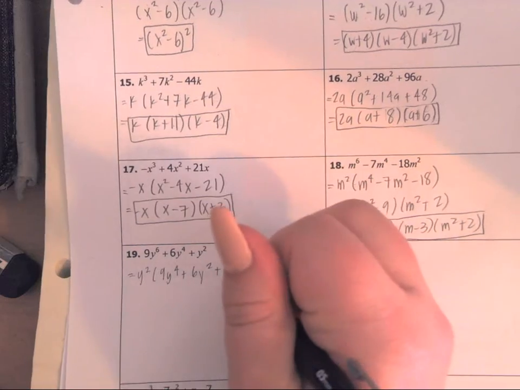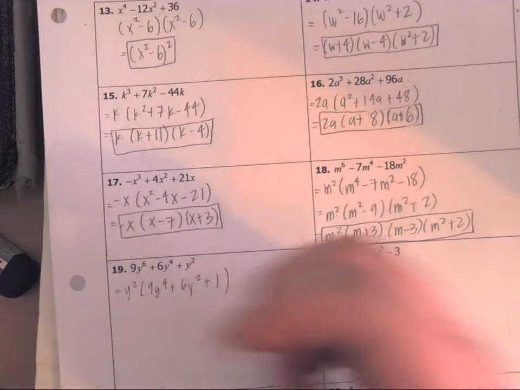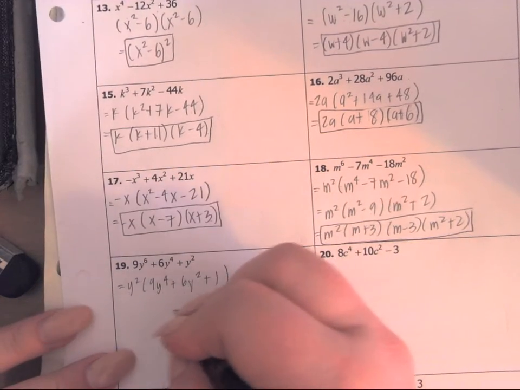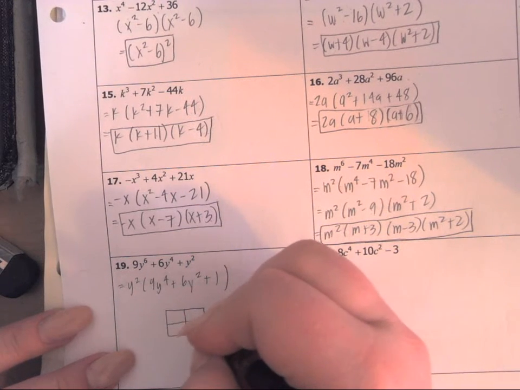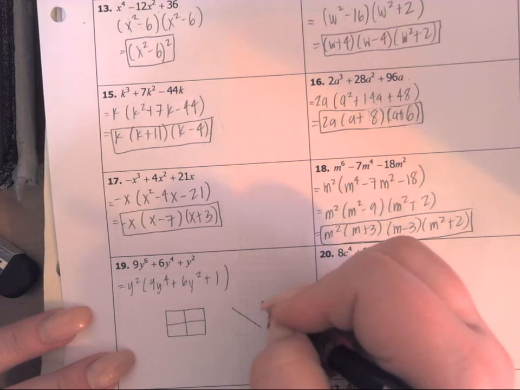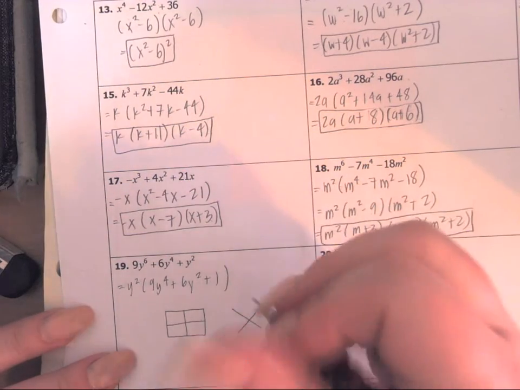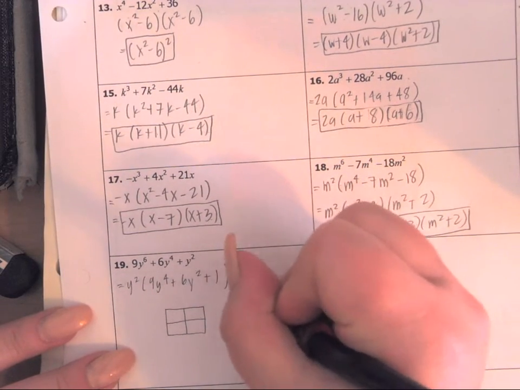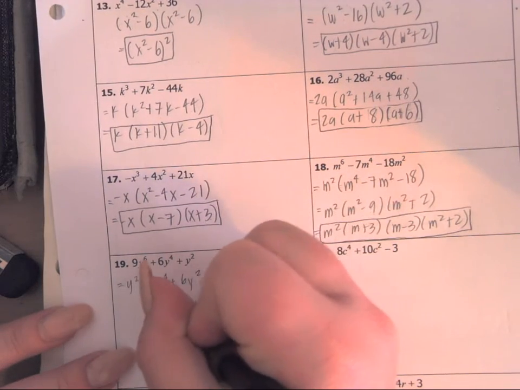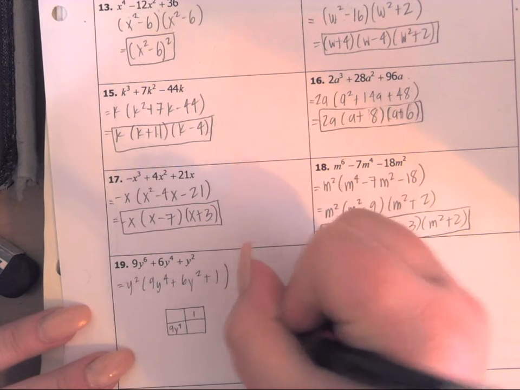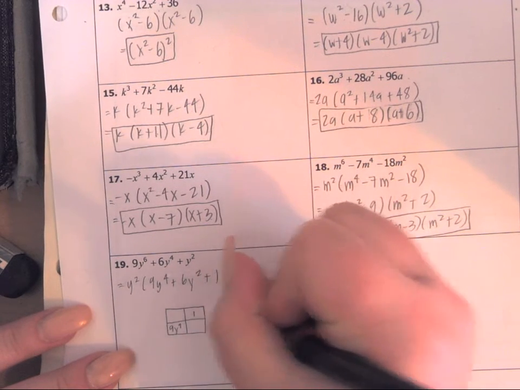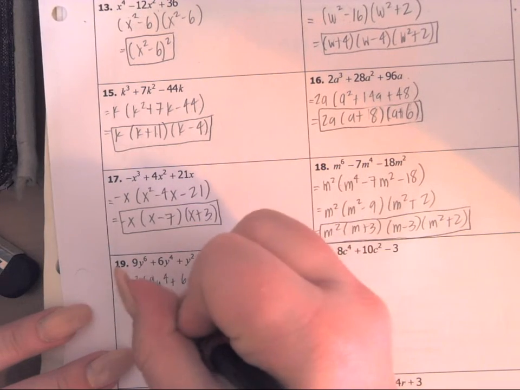Okay, and then this one, because there's something in the front, you do need to use your diamond and area model. So it's 9y, you put 9y to the 4th here, and then 1 here, and then 6y squared here, and then that's 3y squared and 3y squared.